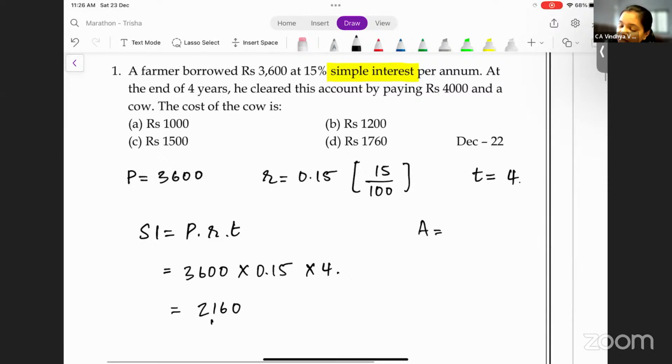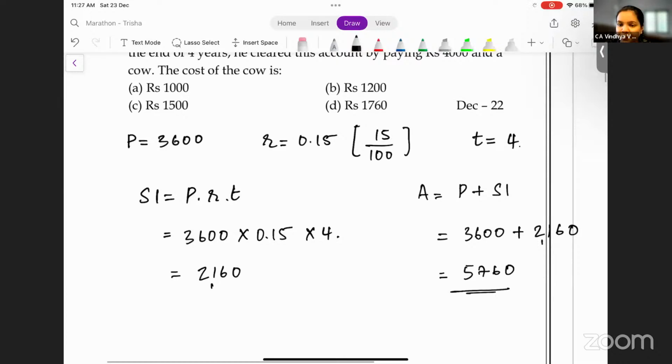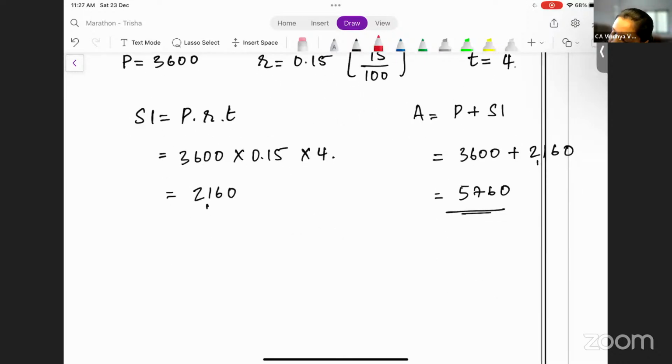What is the amount that the farmer is supposed to pay? It is principal plus simple interest, correct? Which is 3,600 plus 2,160. That makes it a total of 5,760. This is the amount that the farmer was supposed to pay. But he did not pay the full amount.